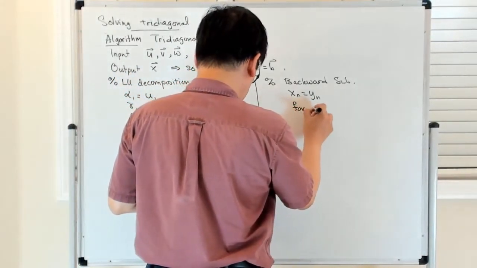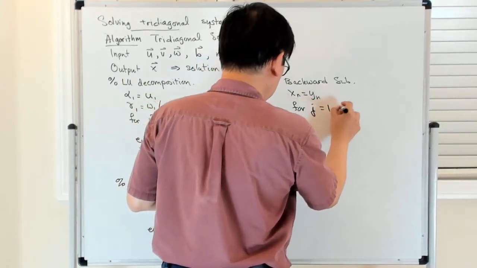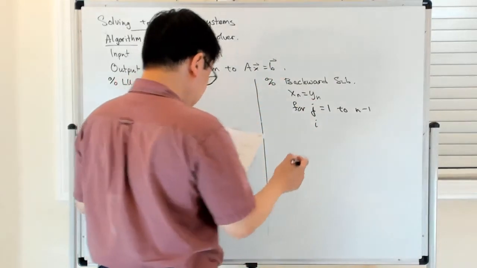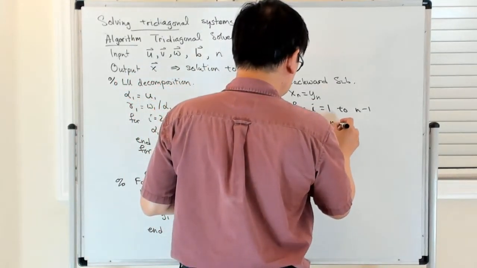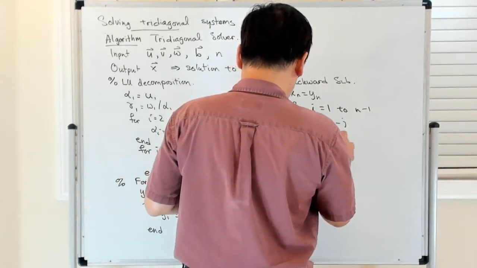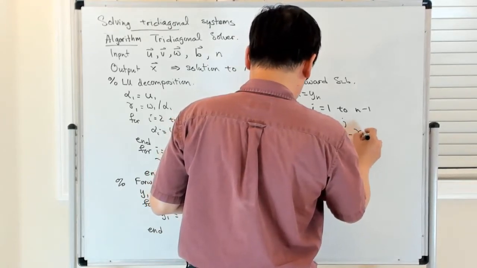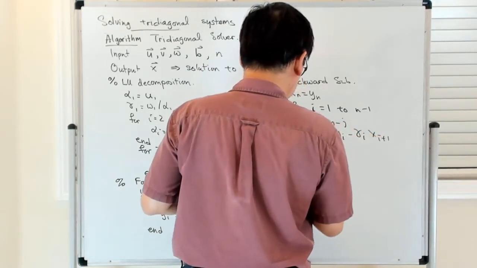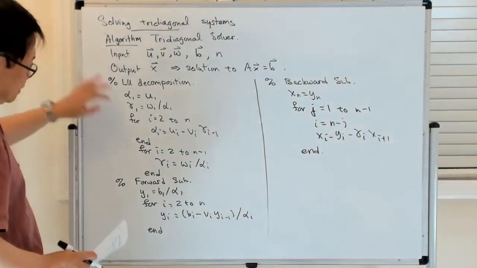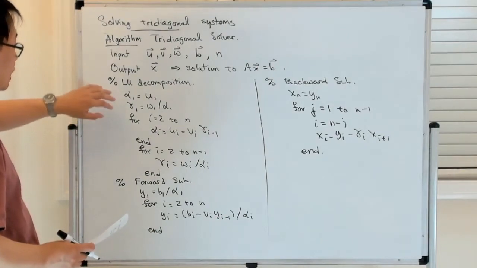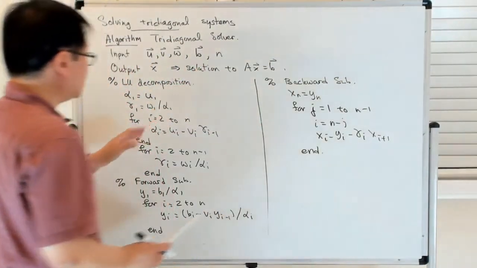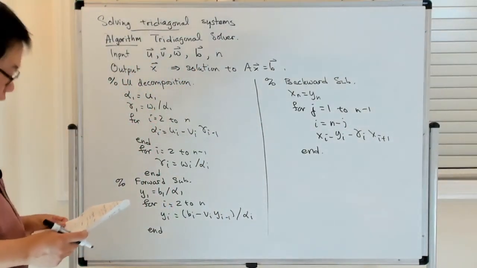And then for j equals 1 to n minus 1, and then I actually want an index which goes from n minus 1 to 1, so i is equal to n minus j. And then xi is equal to yi minus gamma i xi plus 1, and then you end the for loop. Okay, so this simple code implements the LU decomposition for a tridiagonal solver, and then does the forward and backward substitutions in order to give you the solution of the tridiagonal system.